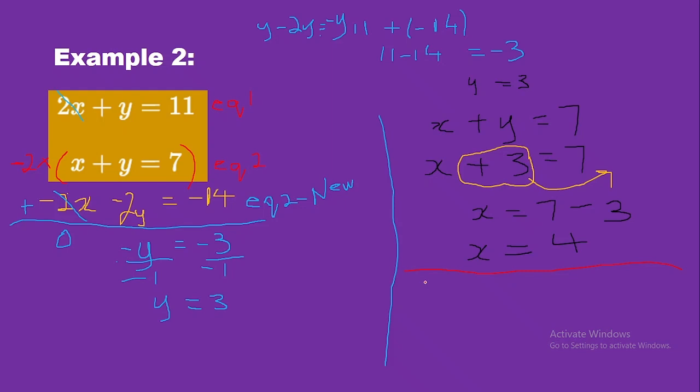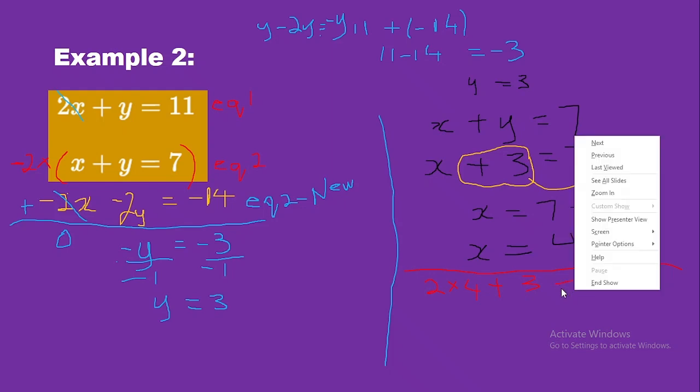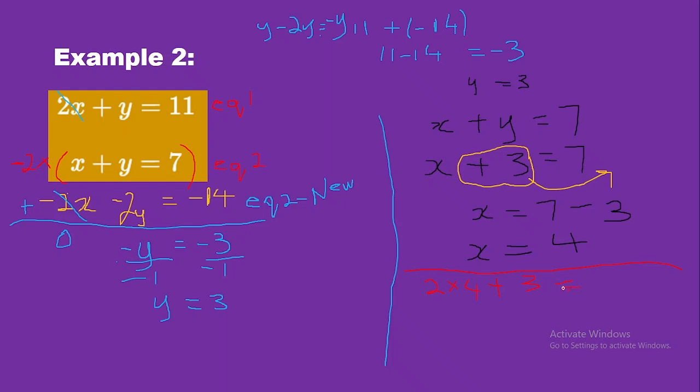So equation 1 is 2x plus y. So that's gonna be 2 times, so x is 4, plus y, and y is 3, and that should be equal to 11.